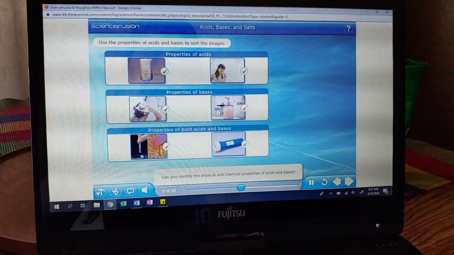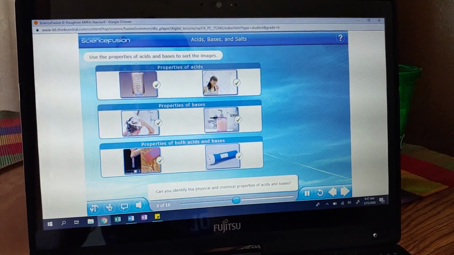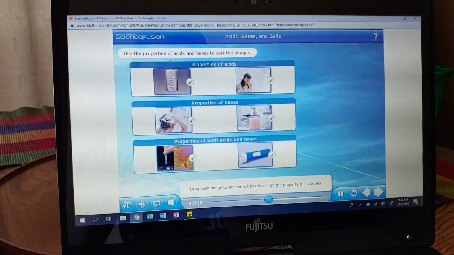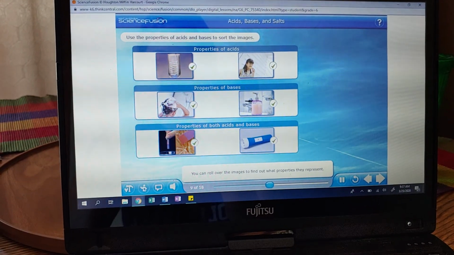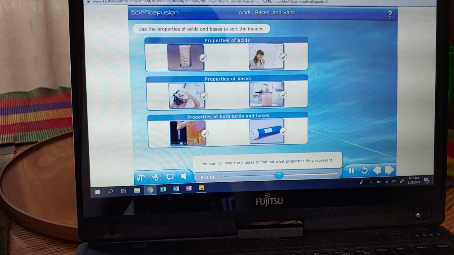Can you identify the physical and chemical properties of acids and bases? Drag each image to the correct box based on the property it illustrates. You can roll over the images to find out what properties they represent.